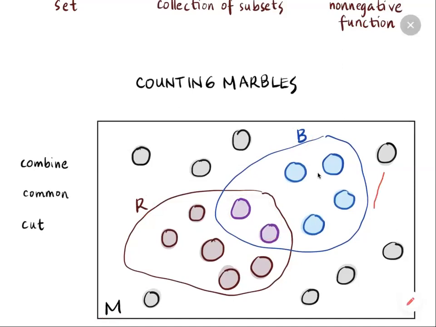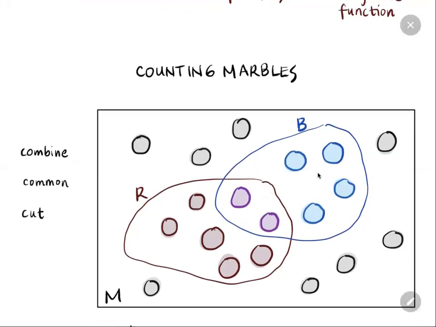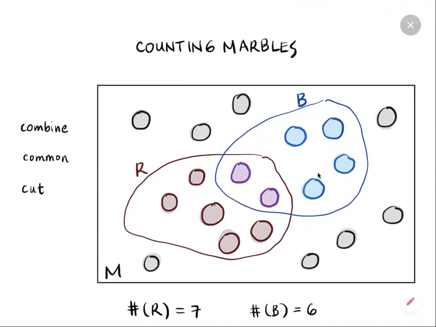In this example, the number of elements of the red marbles, including the violet ones, is 7. So it's 1, 2, 3, 4, 5, 6, 7. On the other hand, for the blue marbles, including the violet ones, we have 1, 2, 3, 4, 5, 6. So the number of elements is 6.